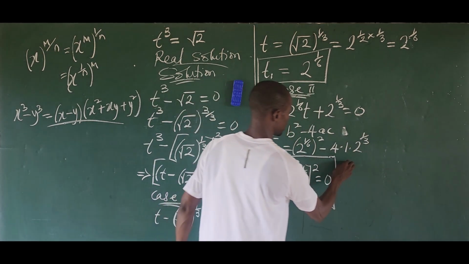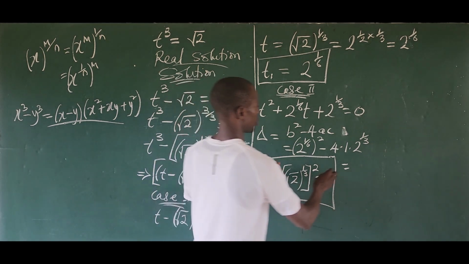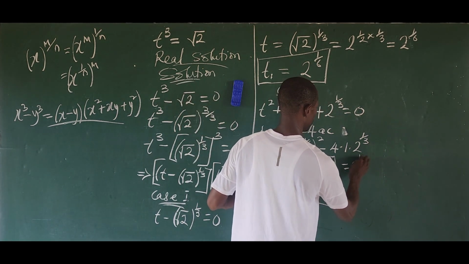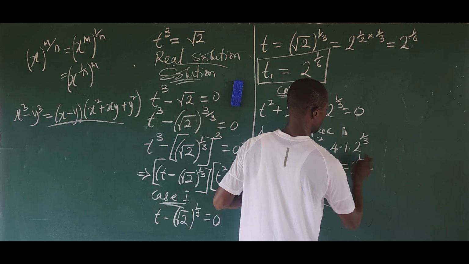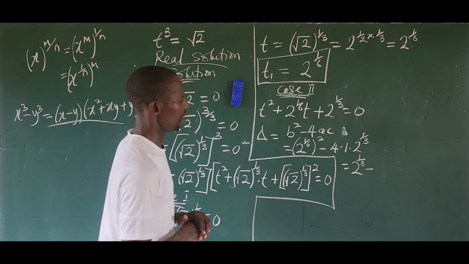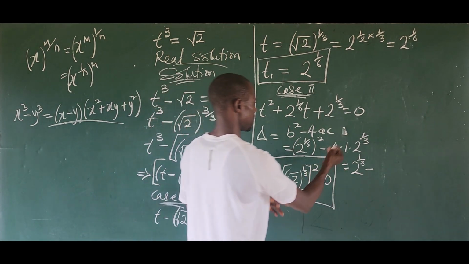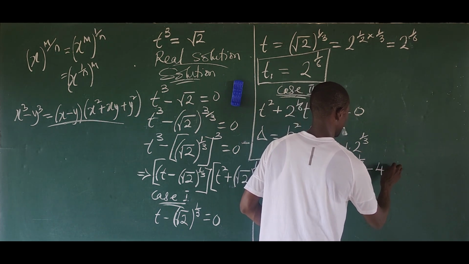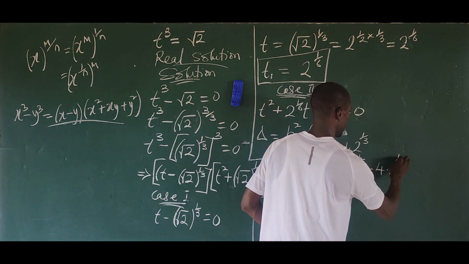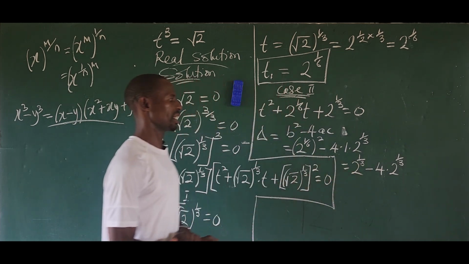So this is going to give us 2 to the power of 1 all over 3, then minus 4 times 2 to the power of 1 all over 3, because 1 times 4 will still give us that.